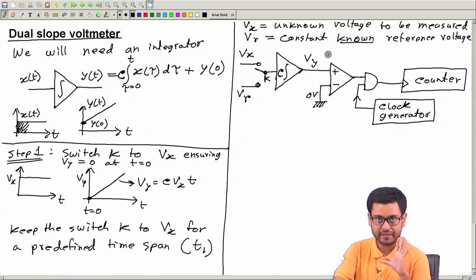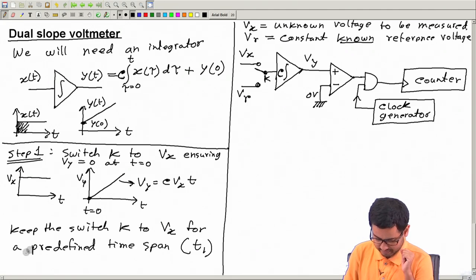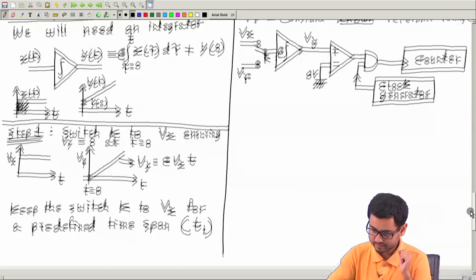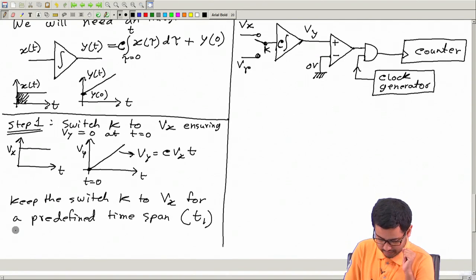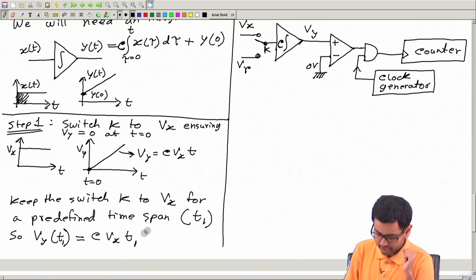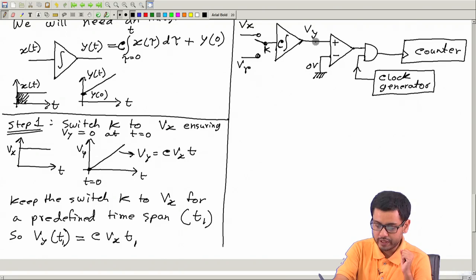After that we are going to stop it. Vy at time t1 will become c Vx t1. So this is how much this output will grow in time t1.